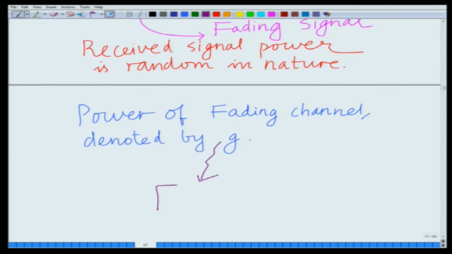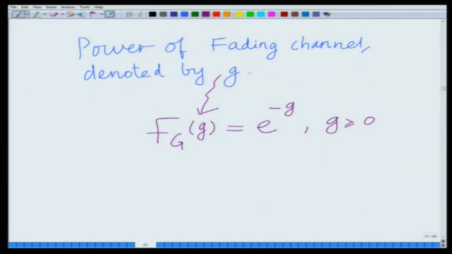This is random, as we said, the received signal power is random. This is characterized by the exponential probability density function e to the power of minus G for G greater than or equal to 0, which, as we have seen in the previous module, is the exponential probability density function.